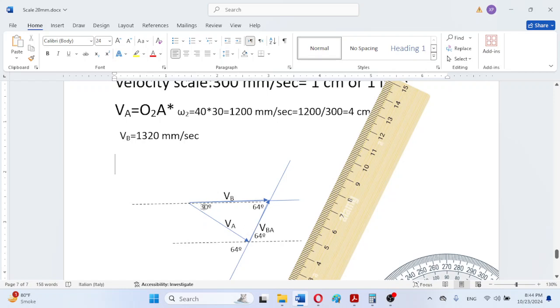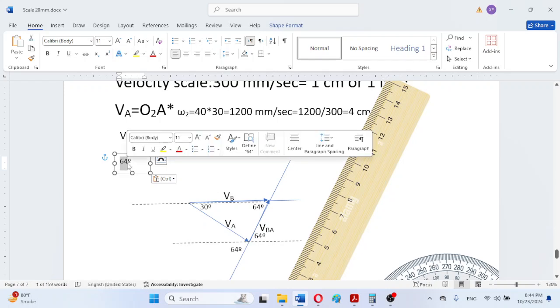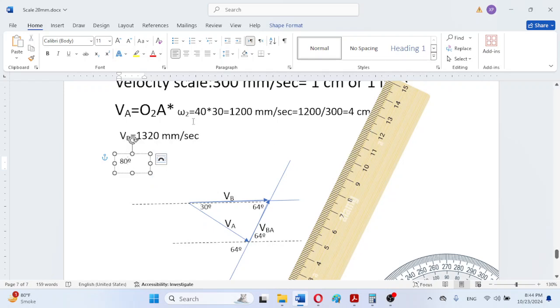So this angle can be mentioned here as 86 degrees. Like this, in this way, this triangle has been graphically solved.